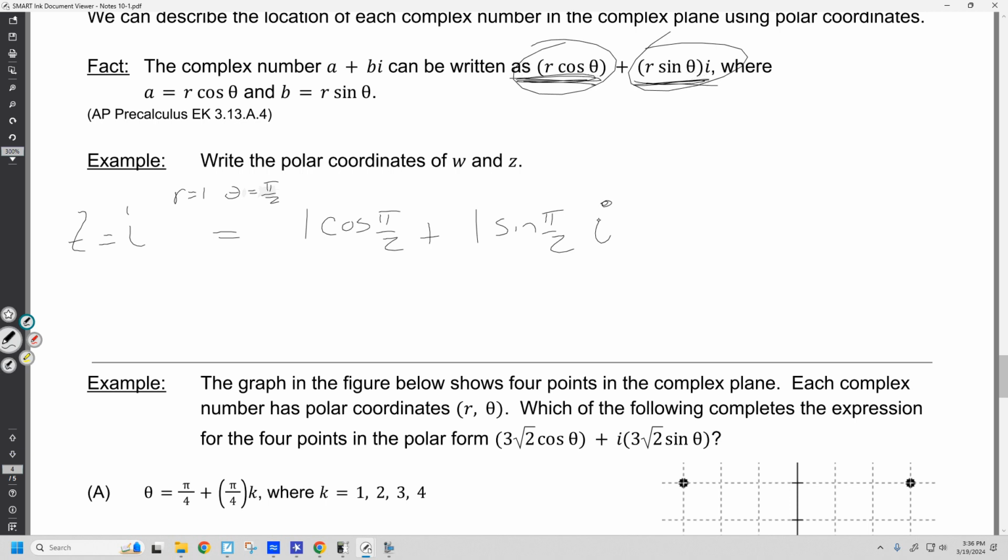What's the cosine of pi over 2? Okay, so this is 0. What's the sine of pi over 2? 1. So really, this is 0 plus i. Oh yeah, of course, it's just i. Why the heck would we write it this other way? I'll show you eventually. Now let's go to another one.